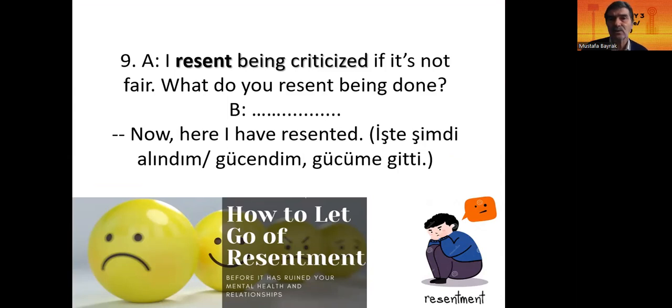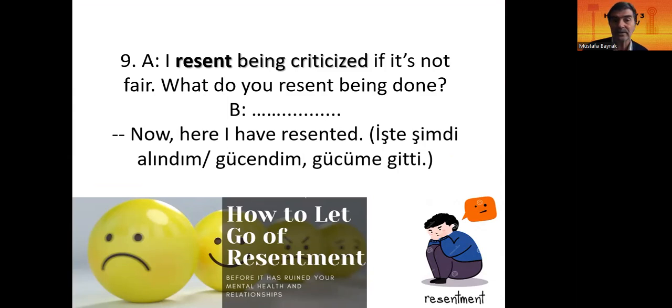So this part is important. Now, here I have resented. Example sentence says, how to let go of resentment before it has ruined your mental health and relationships.